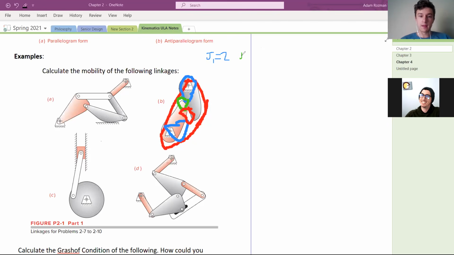So we have two half joints, right? I mean, sorry, one half joint. So can you do the mobility equation really quickly and see what we have? Yeah. So we have three links.